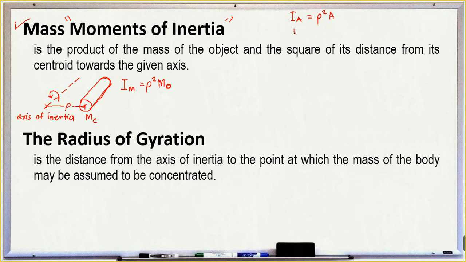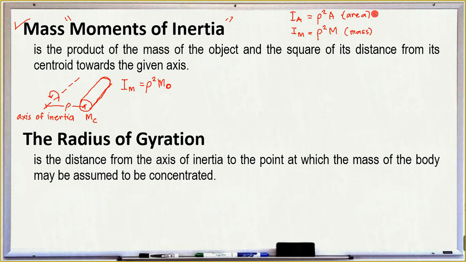But for the mass moment, denoted by Im, is equal to the same thing, the square of its distance. However, this time we're talking about the mass. So for the moment of inertia about the area, this is also known as the second moment of area. However, for the mass moment of inertia, it talks about the mass.